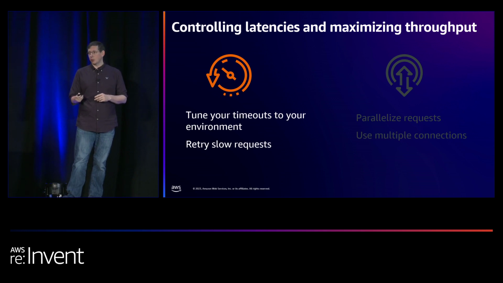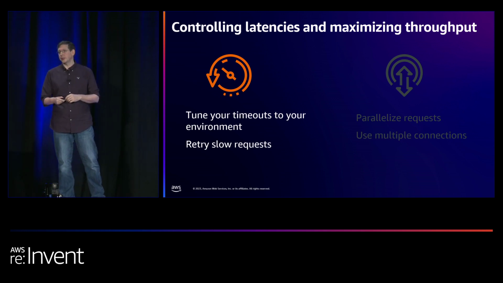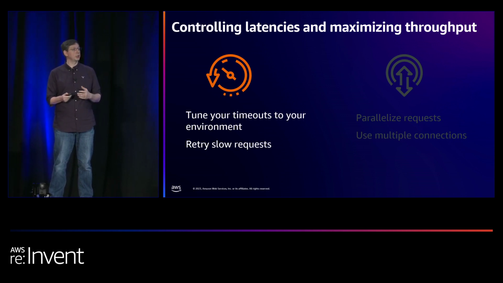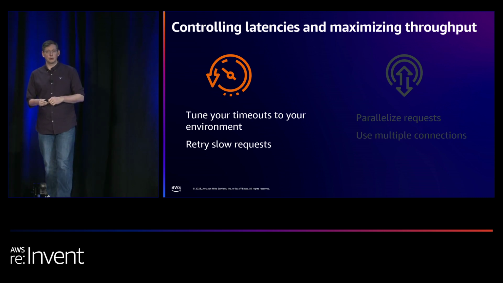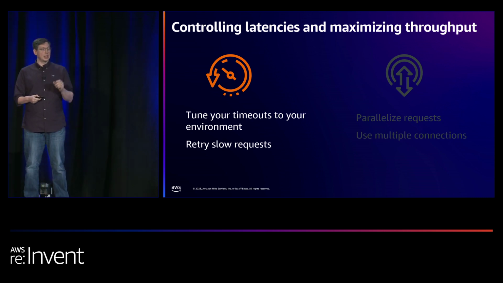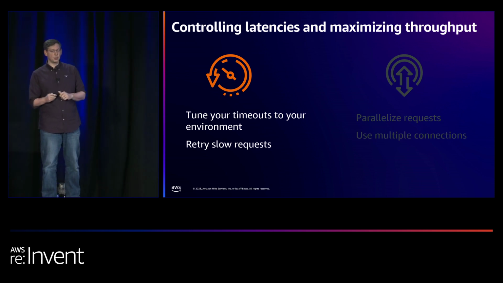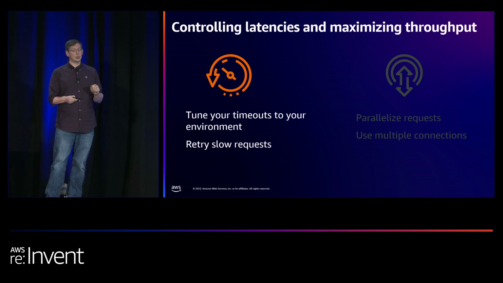And to accommodate that wide variety of use cases, S3's SDKs ship with relatively conservative settings for how much time they're willing to wait to establish a connection or for a response to a request for data. And the most impactful thing that you can do to influence or reduce your time to first useful byte is to tune those client timeouts to match the environments that your applications are running in.